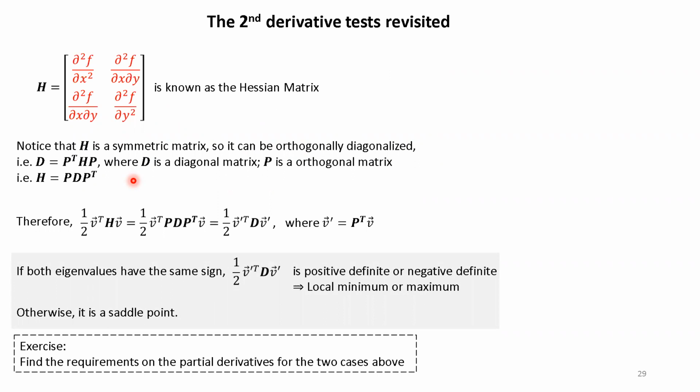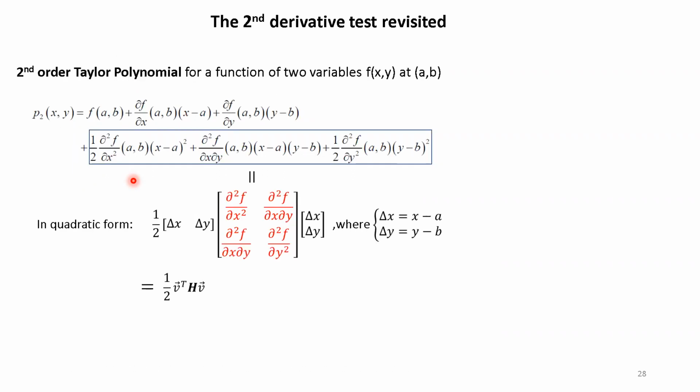What it really means is, if AB is the maximum point, then if you walk away from AB in any direction, you change your X coordinate a little bit away from A and your Y coordinate a little bit away from B, no matter how you change it, you get a decrease in the value of the function.